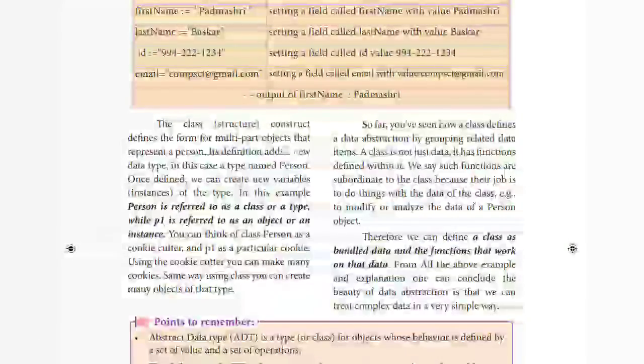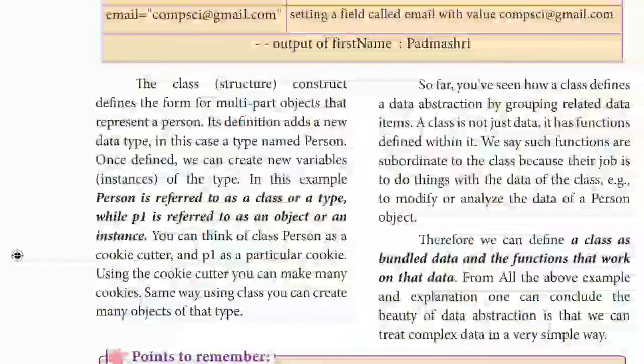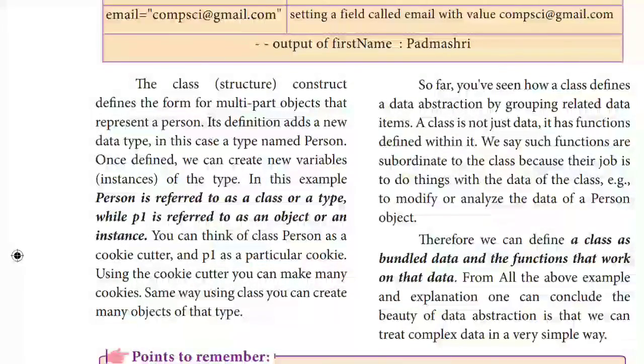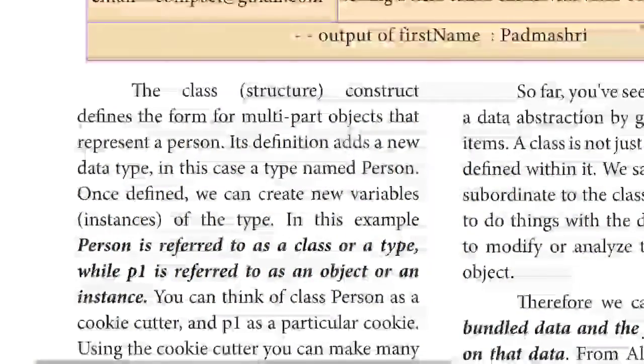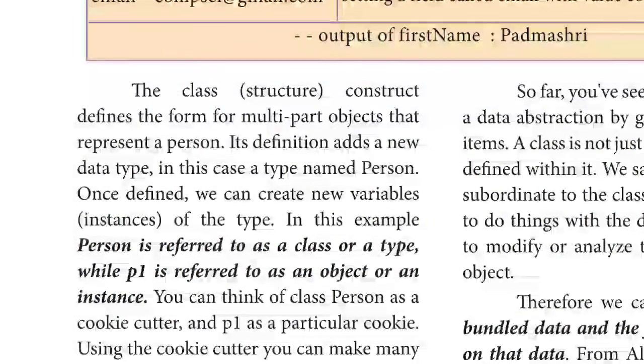Here is another important thing. The class construct defines the form of multiple-part objects that represent a person. Its definition adds a new data type, in this case a type named person.